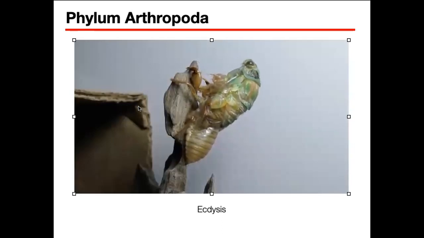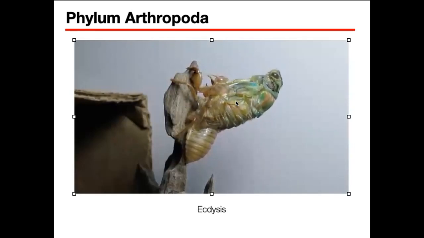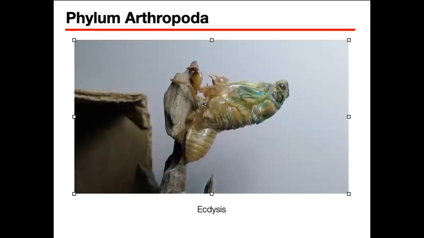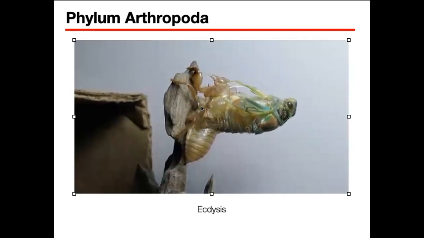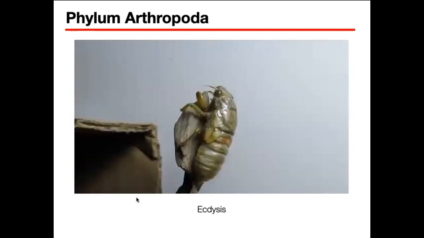So that's an example of a peculiar characteristic among arthropods. As it sheds, you can see that the new body will be formed and it will leave its old exoskeleton. So that's something unique among arthropods.